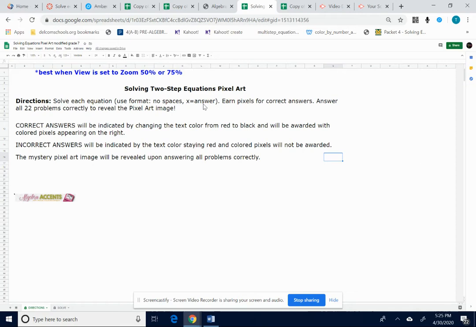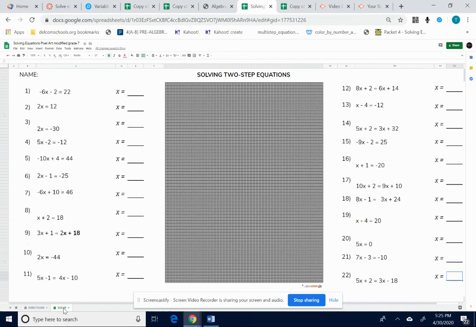If it stays red, you got the answer wrong, so try again. Try to get all these right so you get the picture. Notice on the bottom left-hand corner you have directions, which is where we are. If you click the solve button, you'll get to the actual puzzle, the set of problems.